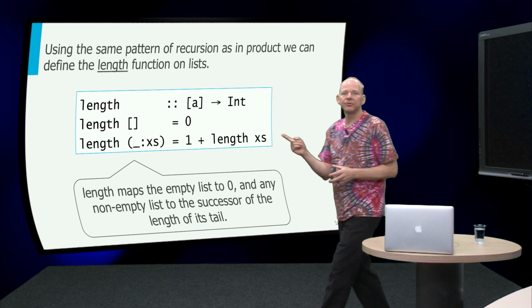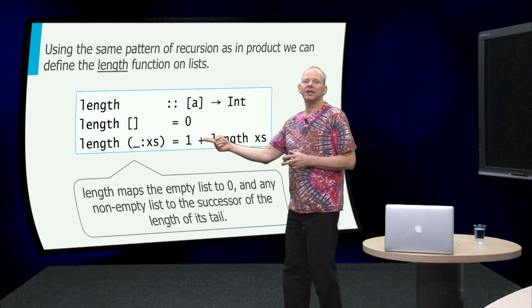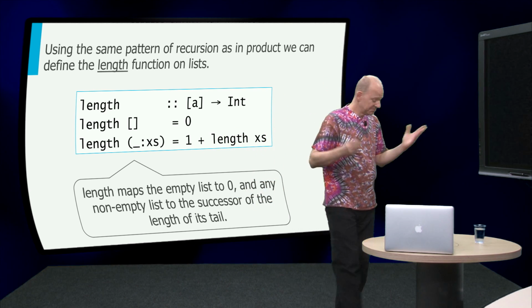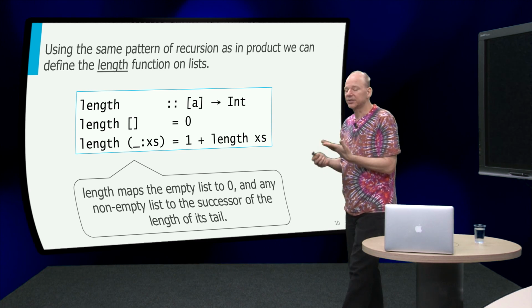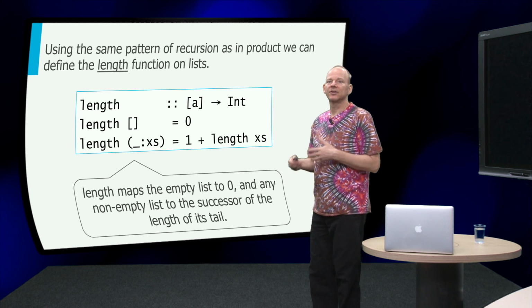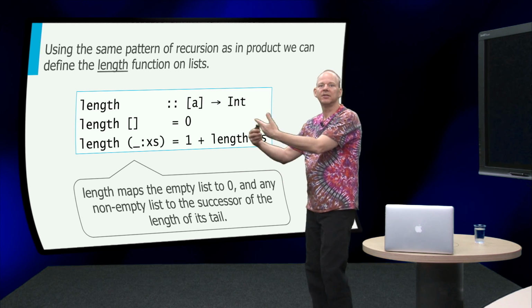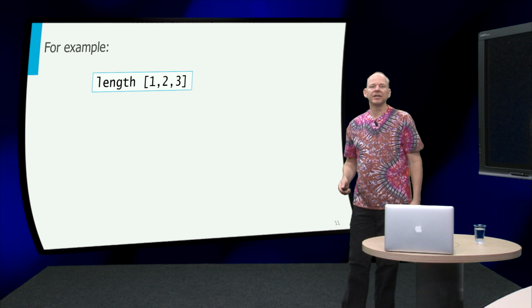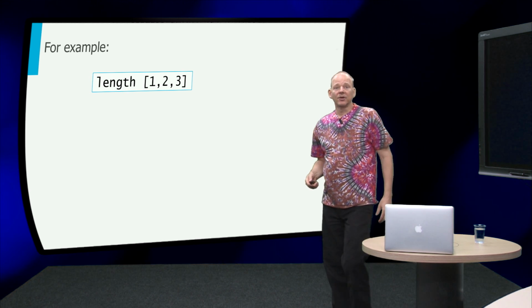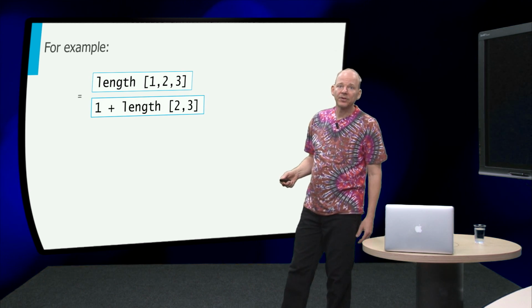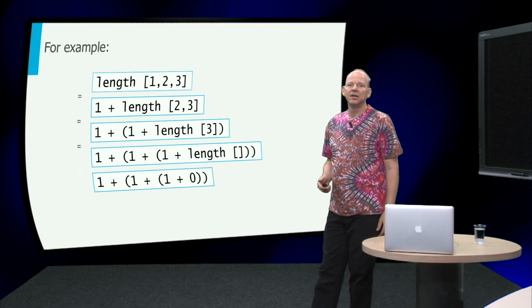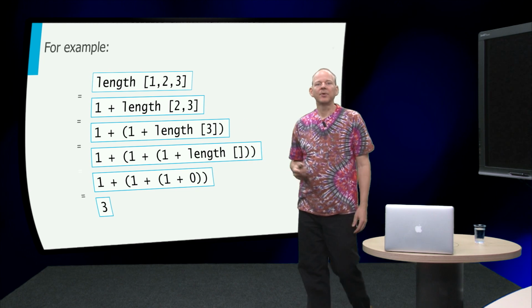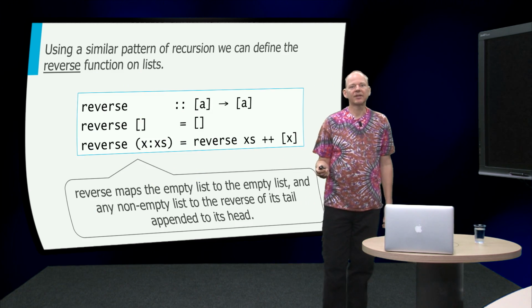We compute the length of the rest of the list, and just add 1 to it. Super obvious. Again, it follows the recursive structure of the list, so it's defined by induction on the structure of the list. So length of 1, 2, 3 is 1 plus length of 2, 3, unfold, unfold, unfold, until the base case, and then we add them up and we get the answer that we expect, 3.